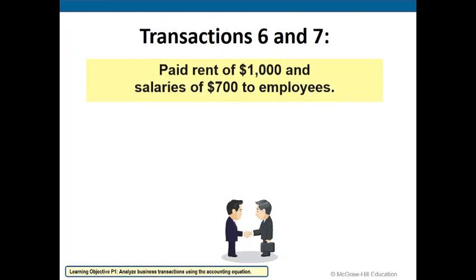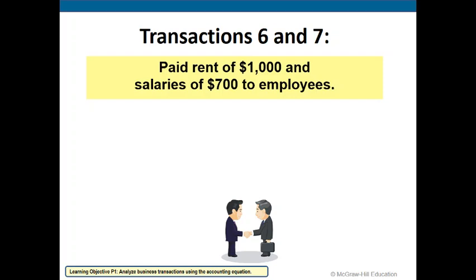Transactions 6 and 7. We pay rent of $1,000 and salary of $700 to employees. Okay, so for the rent, what accounts are affected? Well, we're paying, so that means cash is affected. And the other part of this is going to be a rent expense, which is going to reduce equity.